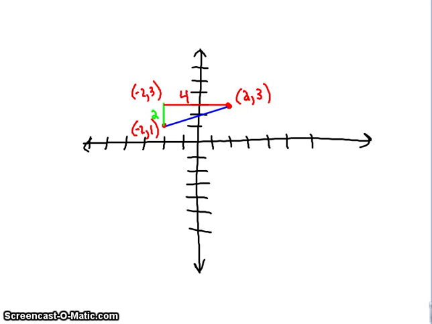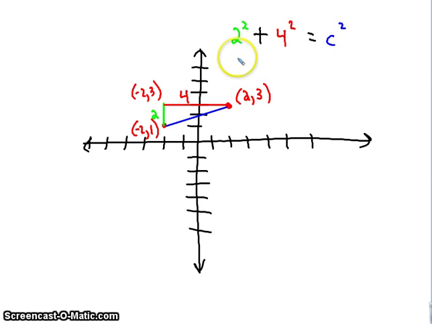Okay? The Pythagorean theorem tells us to take the green squared plus the red squared, and that's going to be equal to the long side squared. Okay.